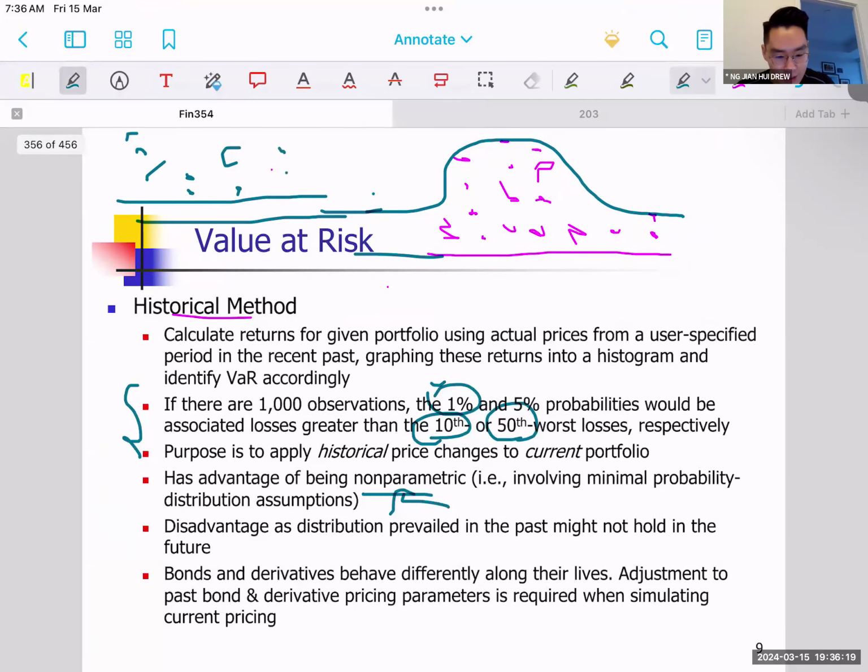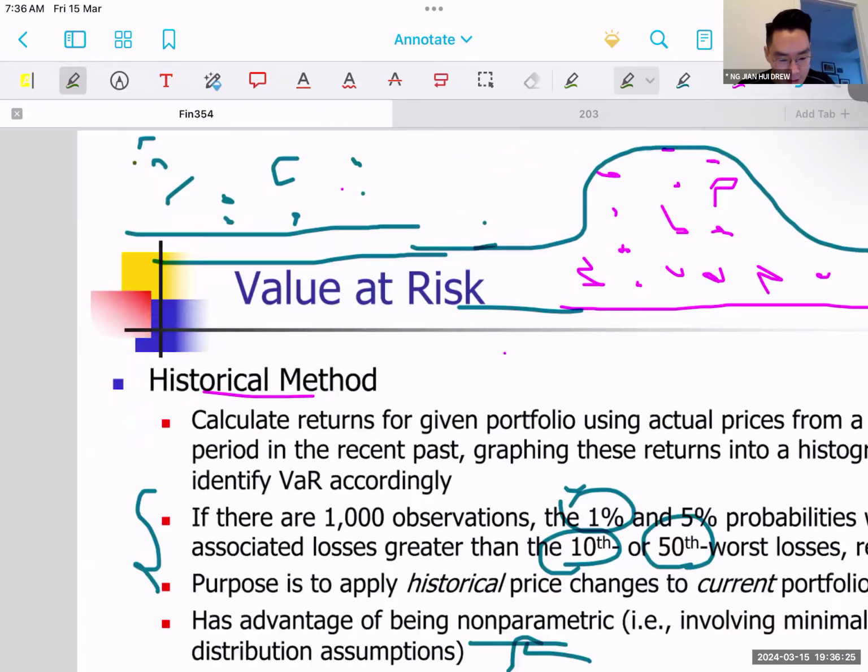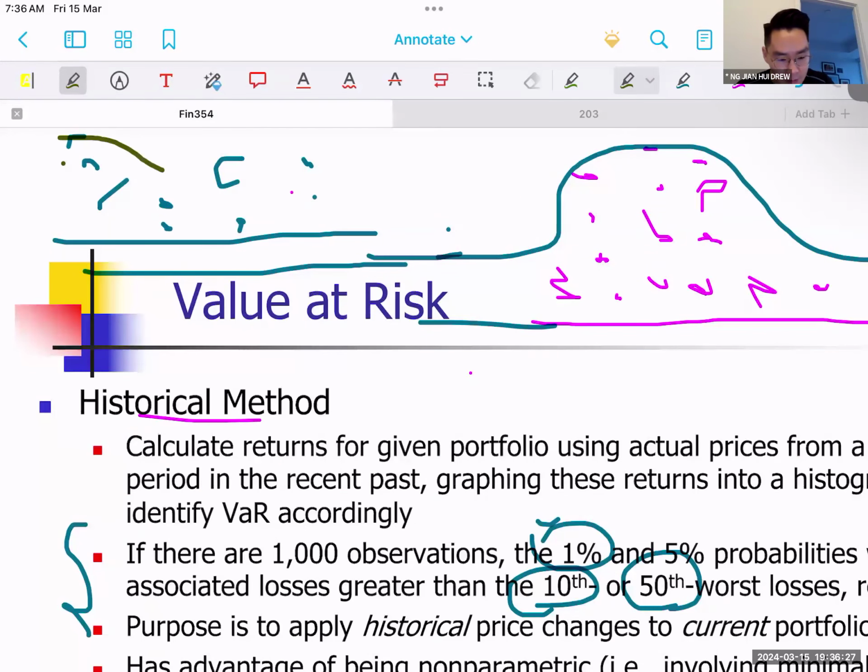Let us zoom in a bit so it's easier to see. Based on this, we get a weird shape like this, right? And this is a non-parametric approach. So we take this shape and assume that the data is going to have this shape. There is no name for this shape, but it's going to be this shape.